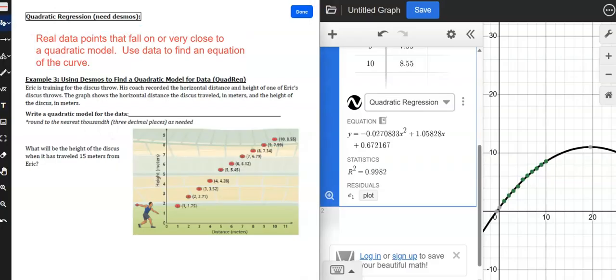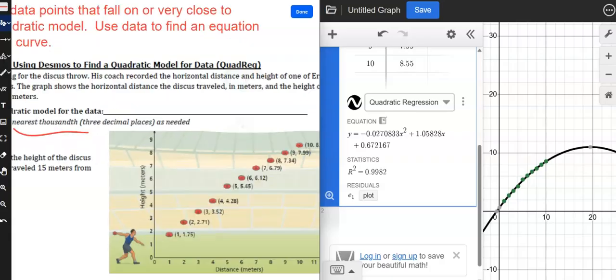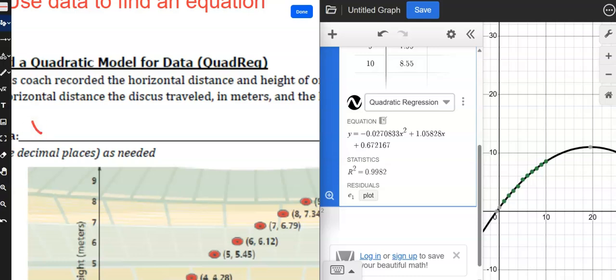Write a quadratic model, says round to the nearest thousandth. To the nearest thousandth. Okay? So, y equals negative 0.027 x cubed. Oops, not x cubed. What am I thinking? X squared. Quadratics aren't cubic functions.